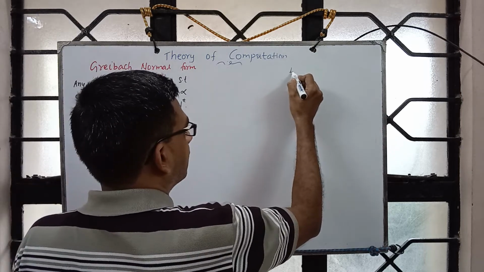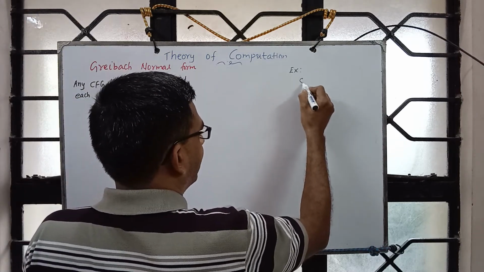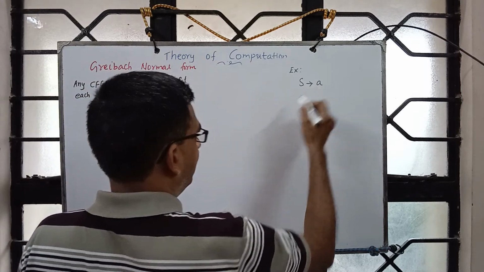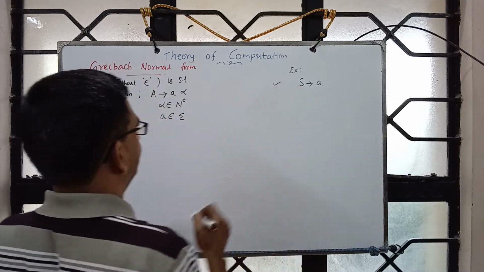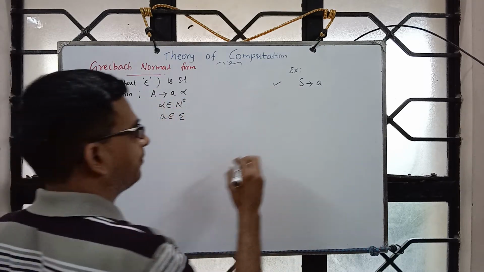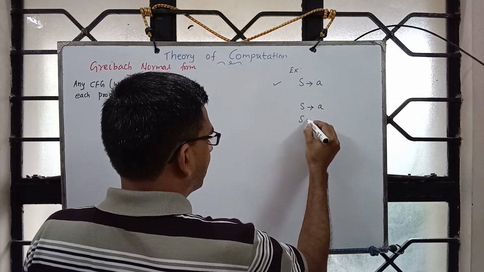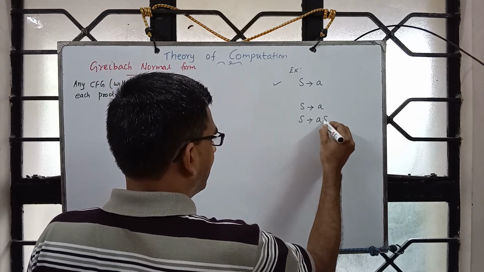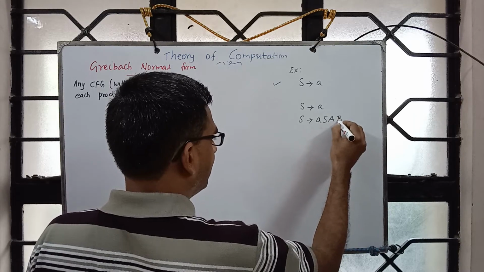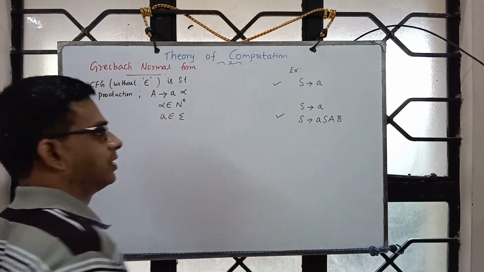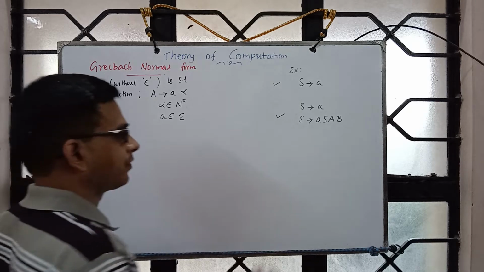For example, S implies small a is in GNF because it is of this form. Or S implies aA, S implies aAB, then this is in GNF.